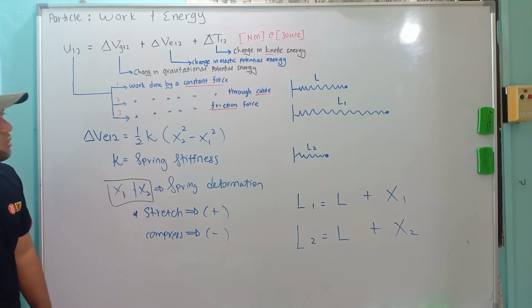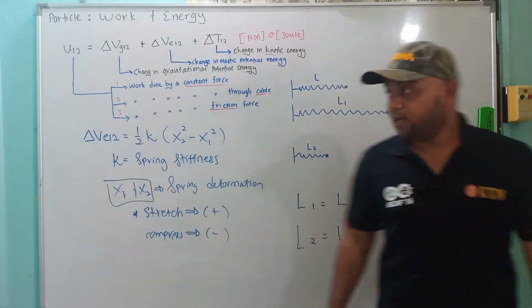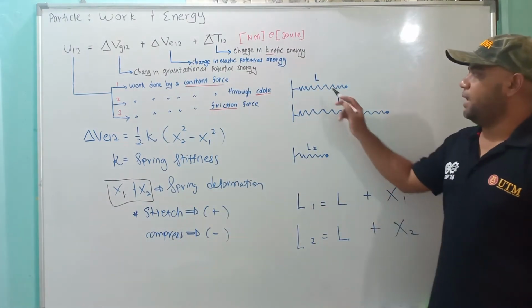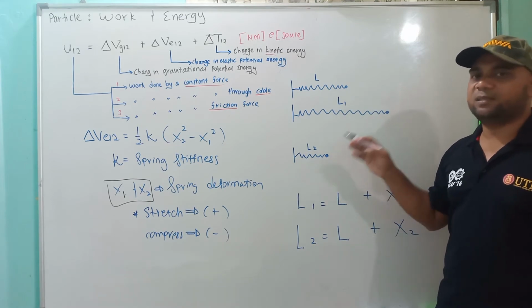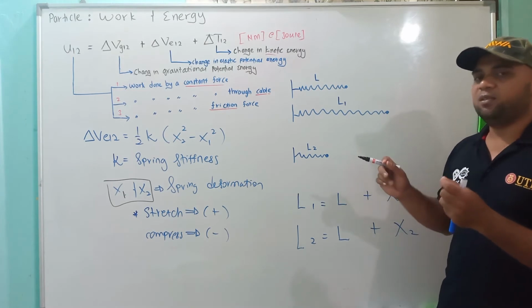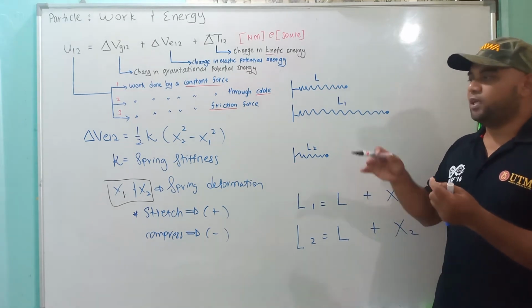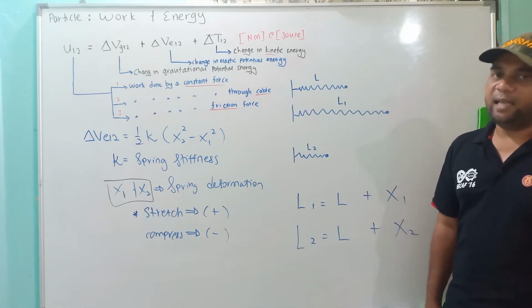So what are x1 and x2? It will be explained here. Let's say we have L, the original length of the spring. Original length means if you have a spring and just let it loose, without putting any force on it, it comes to its original length.